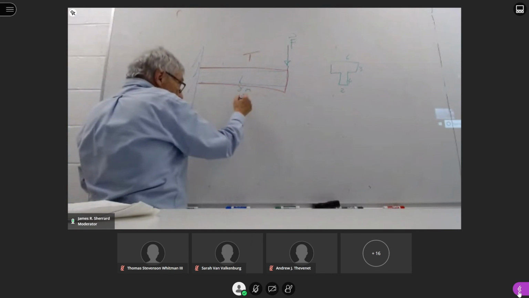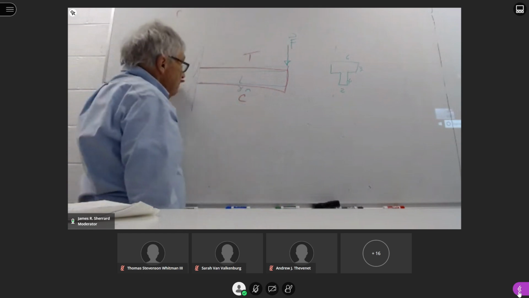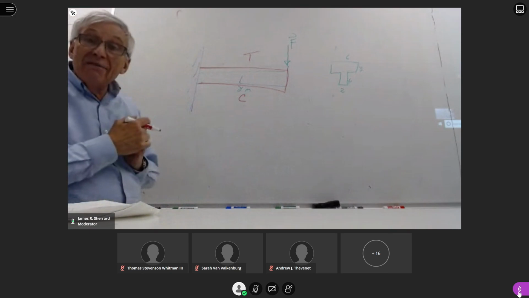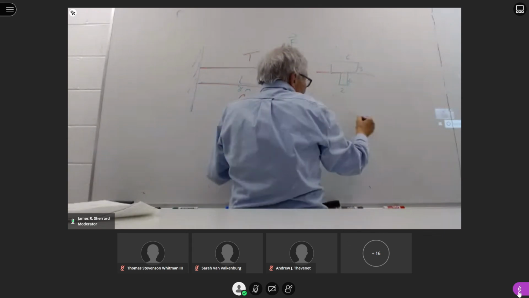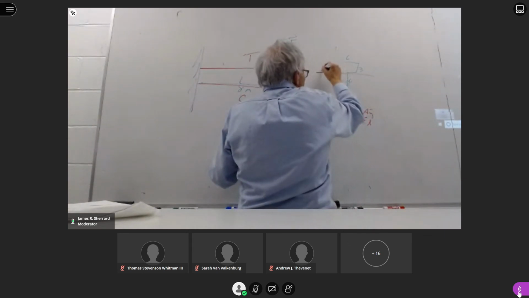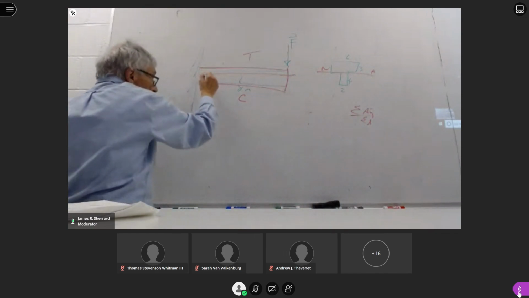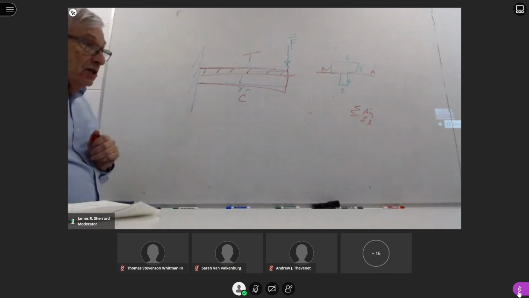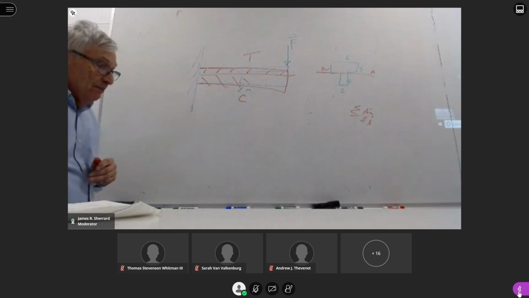The bottom part is actually compressed, and there is a point where we have another neutral axis. We could find that neutral axis by looking at the sum of AY's over the sum of A's. So we'll have a neutral axis here. If we translated that neutral axis over here, everything above this is in tension. Everything below that is in compression.